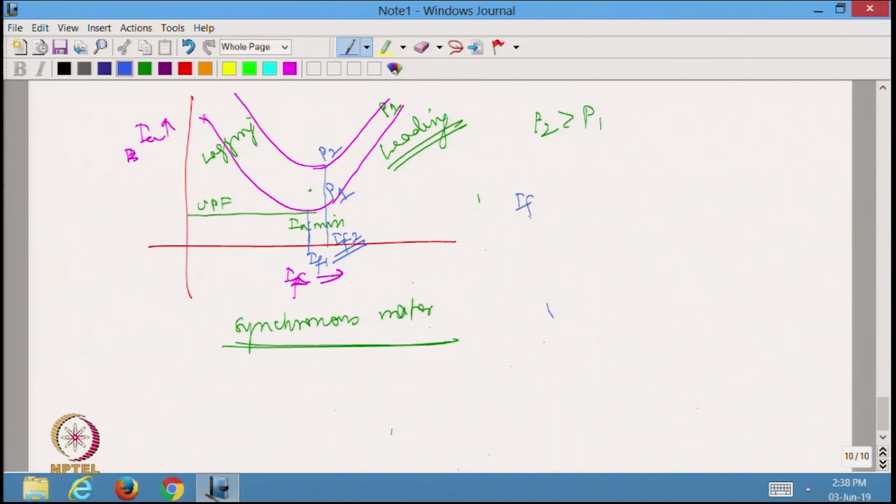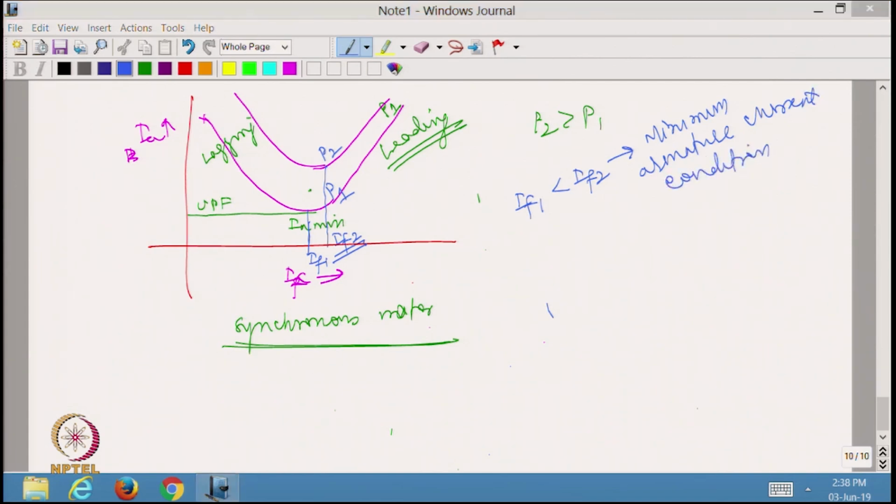So, normally I would say IF1 is going to be smaller than IF2, which is actually the minimum armature current condition, right. So, they are not going to happen at the same IF, it would rather attract a larger flux or larger field current whenever I am demanding a higher power.